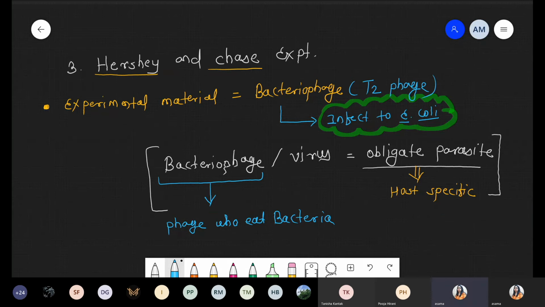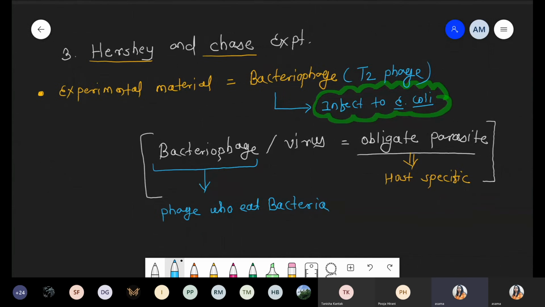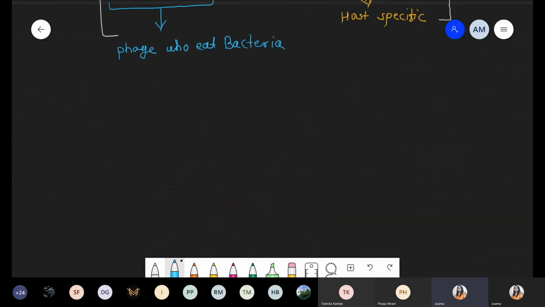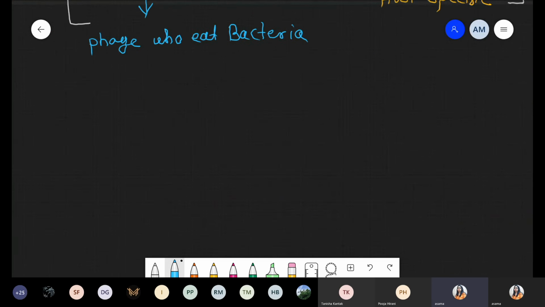Okay. So now I'm taking the simple structure of the bacteriophage. I think in the last video हमने देखा था two structures, tobacco mosaic virus and the bacteriophage. So simply I'm taking the very simple structure of the bacteriophage. Whenever we are talking about T2 phage, or these are called bacteriophage, such type of bacteriophage is basically made up of nucleoprotein.